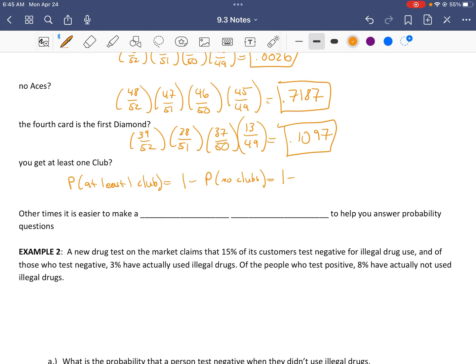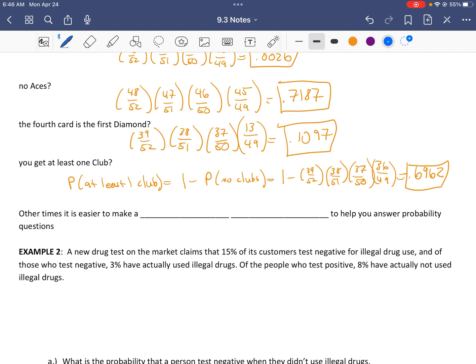So 1 minus no club, no club, no club, no club, 0.6962. That's the probability at least 1 card will be a club.